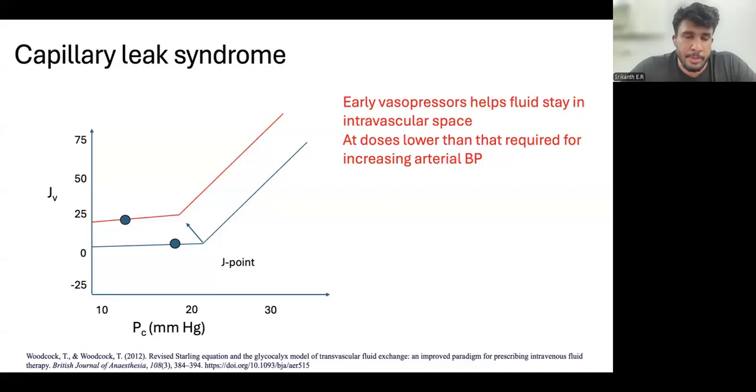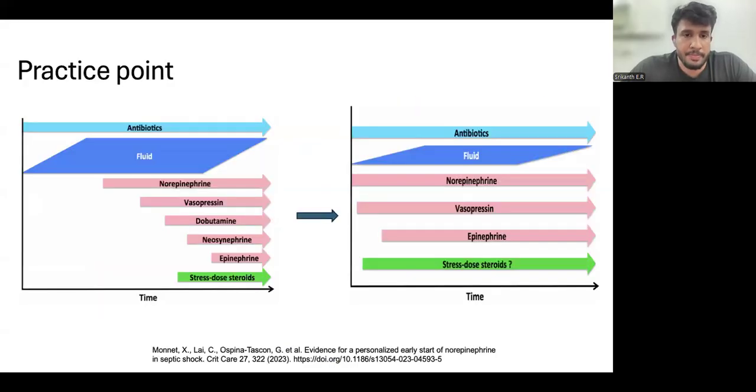Experimentally, the doses required for this are about 2 to 3 mics per minute. It does not require a huge dose. It is a very small dose which causes this effect. So when a patient comes with sepsis with capillary leak, early initiation of vasopressor can help prevent further edema, retaining fluid within the intravascular space.